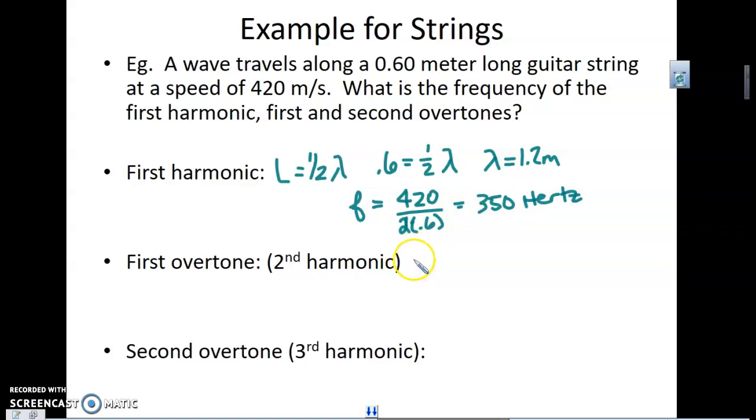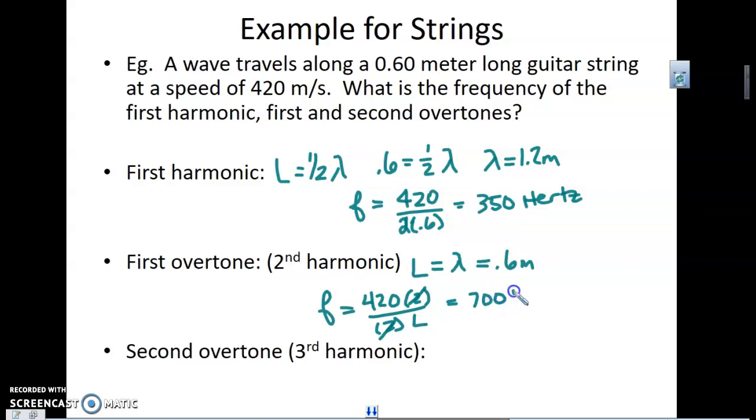Our second harmonic is going to come from that, and so we know that the length is 0.6, the wavelength is 0.6. Okay. The frequency is going to be 420 n over 2L, which is 0.6. Sorry, I should have put 0.6 in there.